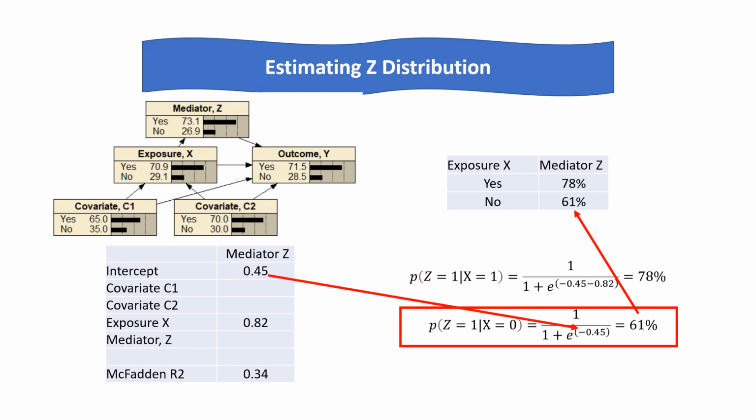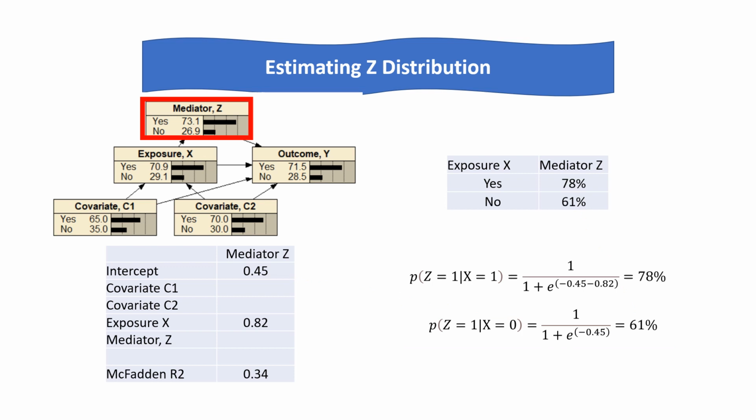When X is absent, the coefficient of X is multiplied by 0 and thus does not affect the regression. The probability is calculated to be 61%. This completes the specification of the joint distribution of the mediator variable, and on average, the mediator variable is present in 73% of occasions.